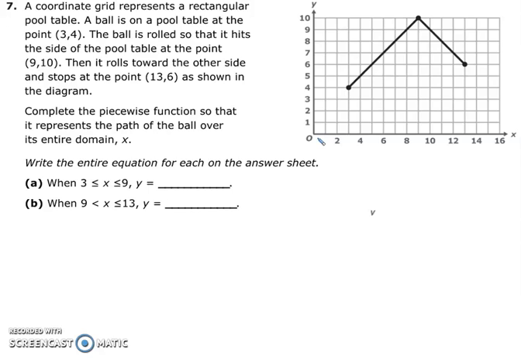The next one that I want to do, you guys want me to do A? Because A seems pretty easy to me, but I can do A if you want it. A? Do A? Okay. So first of all, I'm trying to find the equation between 3 and 9. So I'm trying to find the equation of this line. There's a couple ways to do it, but this is how I would do it.